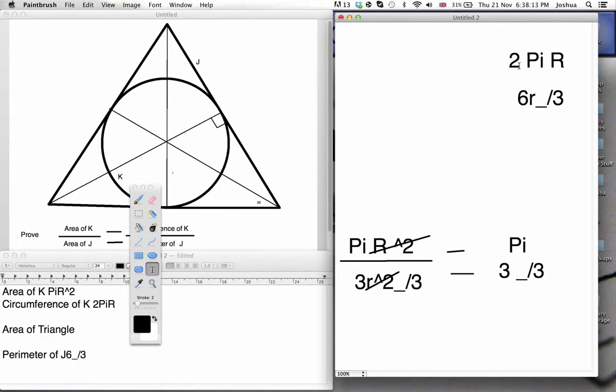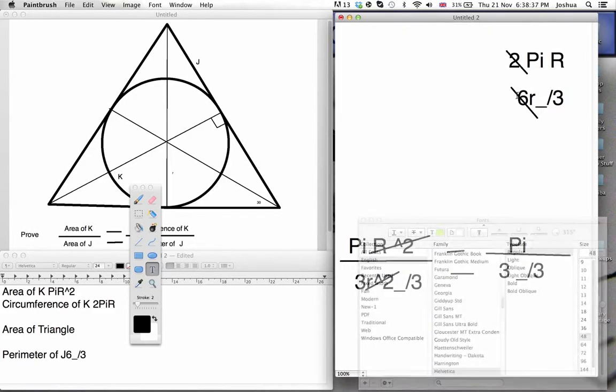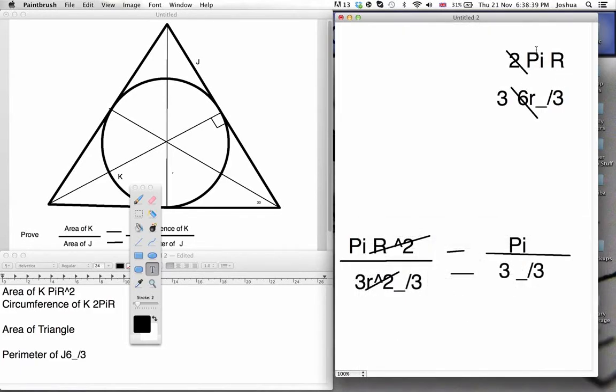This one over here, let's see what it cancels out into. So let's see. 2 pi r over 6r, so basically the 6 and the 2 cancel out into 3. That one single r is going to cancel out.